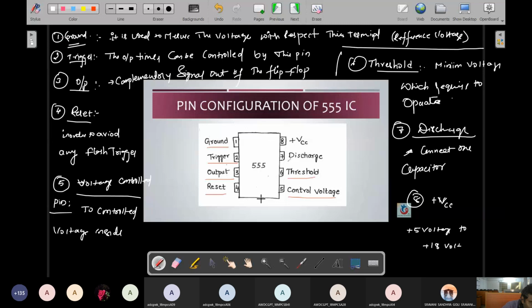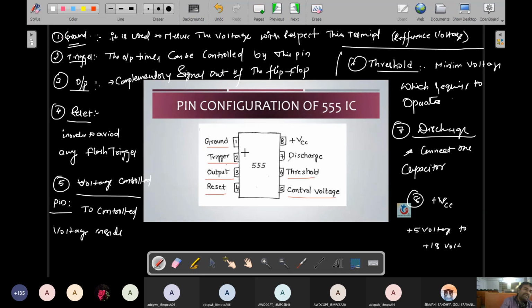So this potential divider will operate under plus 5 volts to plus 18 volts. This 555 timer works with a supply voltage of plus 5 volts to plus 18 volts with respect to the ground terminal, pin 1. So this is about the pin configuration of the 555 IC.